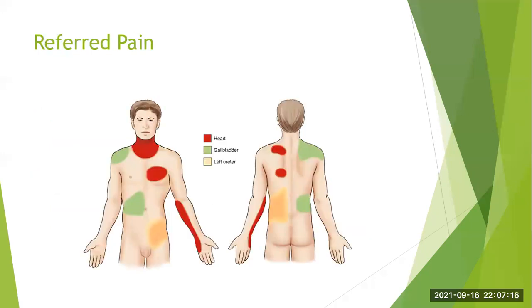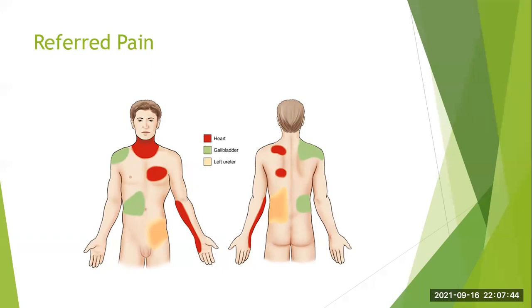So this is the referred pain map from the book. Heart pain can be in the neck and throat, right in your chest, or in your left arm or upper back. Gallbladder pain can be in your right shoulder or your right upper quadrant going around to the back. And ureter pain can be interpreted as flank pain.